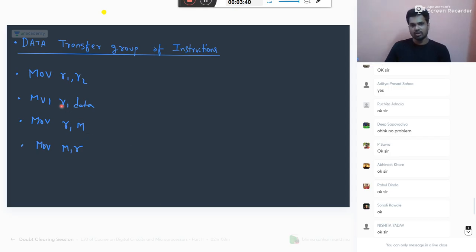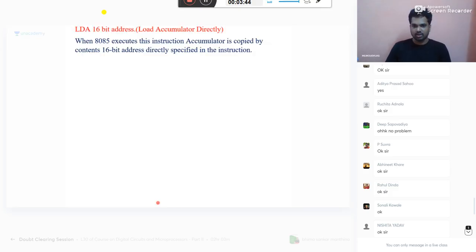Move immediate and move register and whatever we discussed. I for immediate. So now come to this, load accumulator with the 16-bit address. Any issue? Remaining people, please tell me. Nothing is there. Just refresh it, Ankit. Okay. So see here.